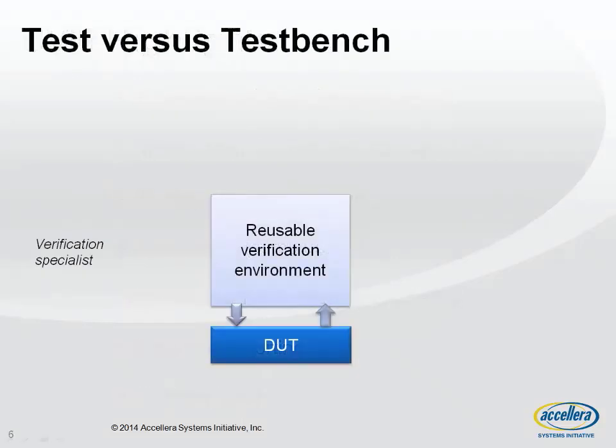So let's start off by talking about tests versus test benches. Down at the bottom, we've got a design under test, then we build our test bench or reusable verification environment. The idea is that this is a body of UVM code, SystemVerilog code, that's created once, and then apart from the odd tweak and bug fix, largely left alone, and may well be created by verification specialists.